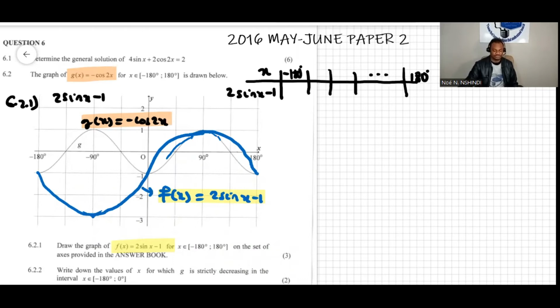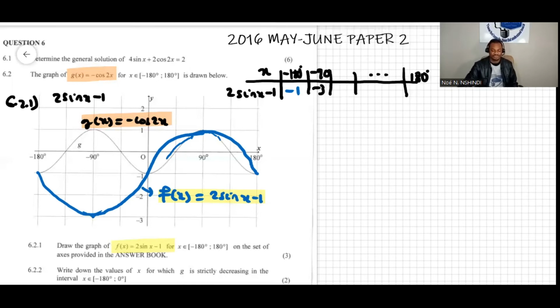Okay, maybe let's just show over here. You sub in the value of x, -180 degrees, into the sine in this function. You get 0 here. 0 minus 1 is going to be -1. Then if x is equal to -90, you do the same thing. You sub there, and you get -1, 2 times -1 is -2, -2 minus 1 is -3.